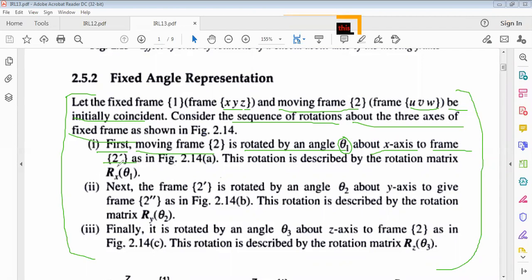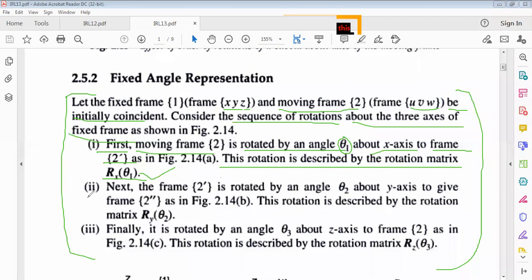After rotation of frame 2 about the x-axis by θ1, it occupies a new position called the 2' frame. This rotation is denoted as Rx of θ1, and you have to fill in the rotation matrix like this.